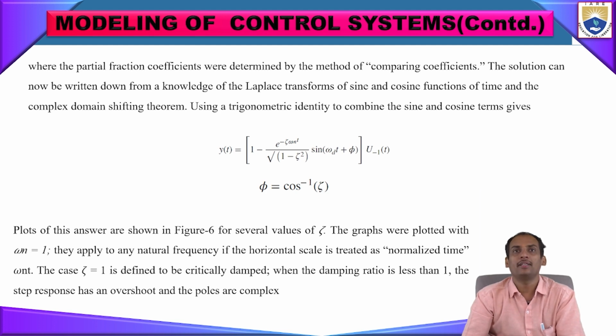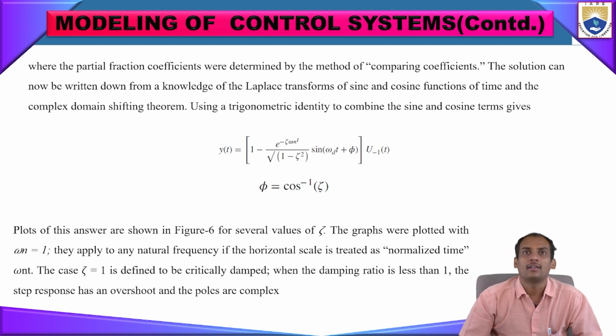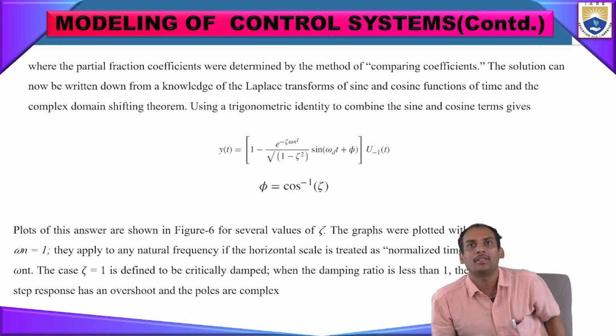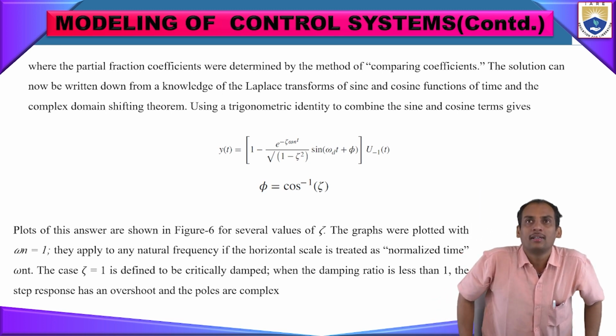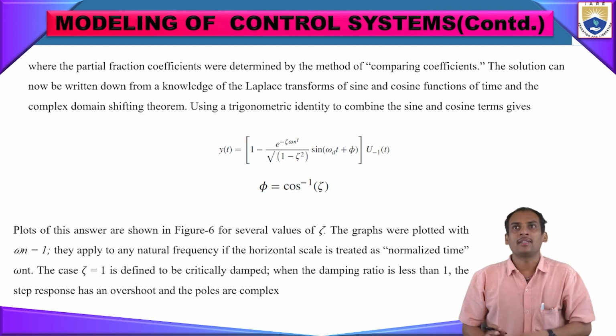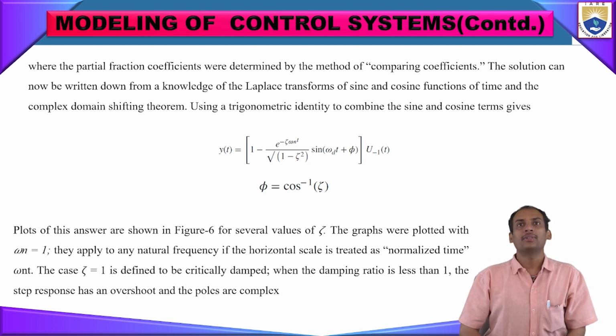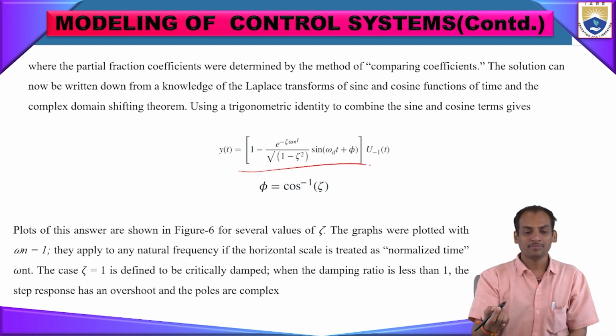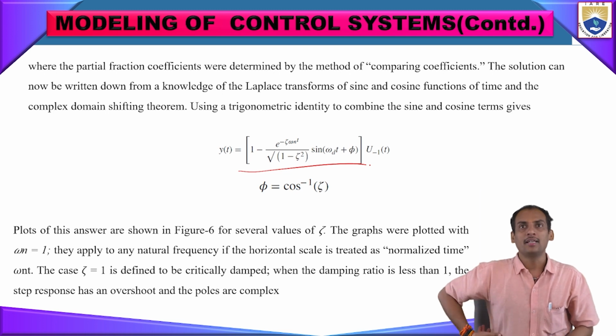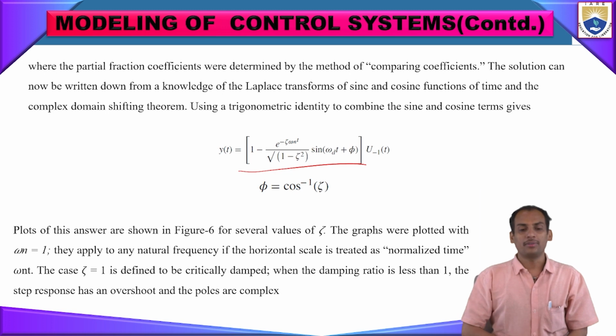So the solution will be written down with knowledge of the Laplace transform of sine and cosine functions of time. Using the trigonometric identity to combine the terms, y of t will be equal to 1 minus e power minus zeta omega n t by root of 1 minus zeta square, into sine of omega d t plus phi, into u of t.